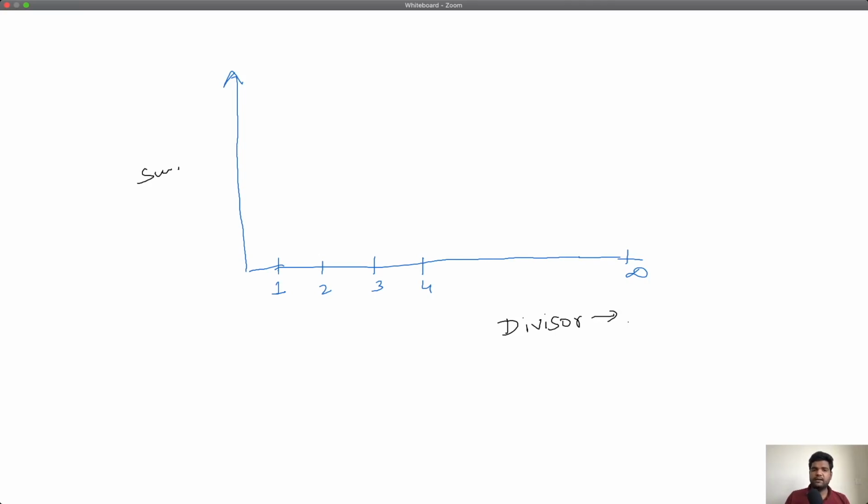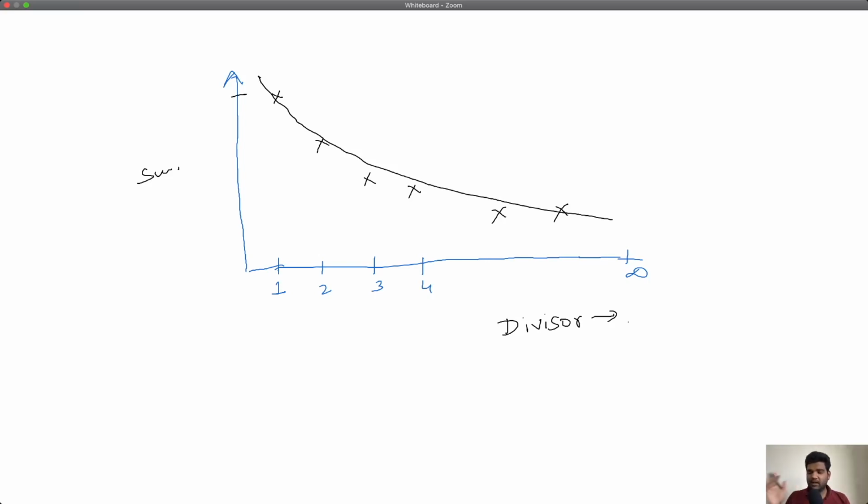So let's say 1 gives you some sum, 2 again will give you some sum, which will be smaller than what 1 gives you, right? Because you are dividing by greater numbers, you will get smaller sums. So if you see the graph of this sum versus the divisor, it's a decreasing graph.